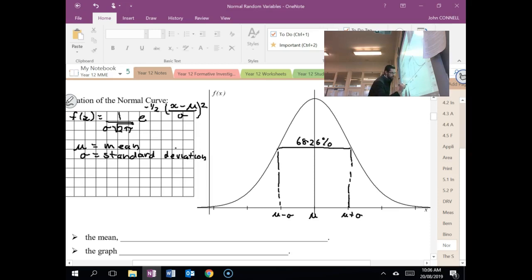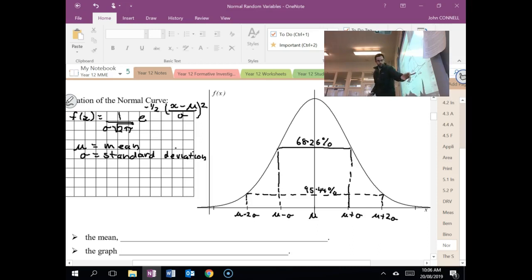If you were then to come out to mu take 2 sigma and mu plus 2 sigma, and you were to find the area there, you would find that we have 95.44% between those two vertical lines.